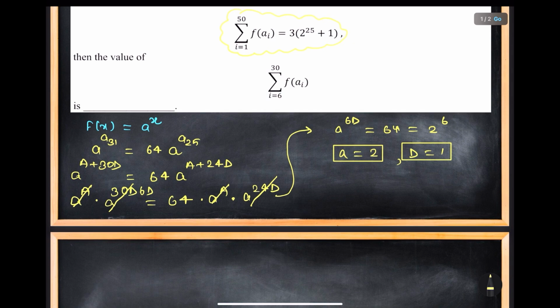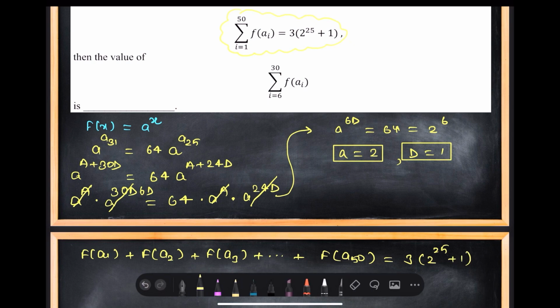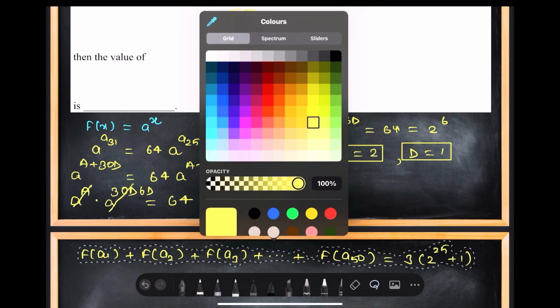They are saying that f of a1 plus f of a2 plus f of a3 plus dot dot dot plus f of a50 is equal to 3 times 2 power 25 plus 1. We will do the simplification part and respond accordingly because we need to find out who is capital A. Okay, and let's see what happens.